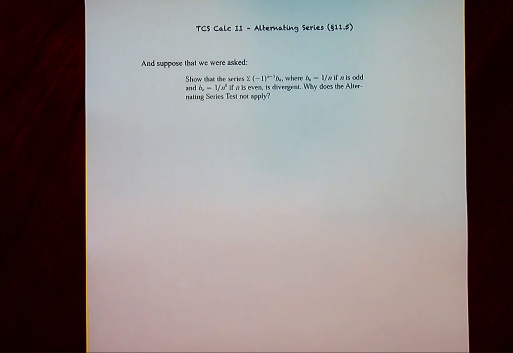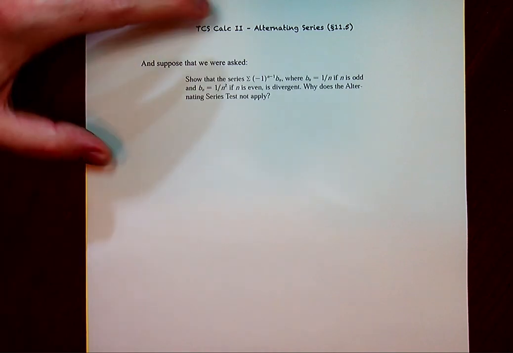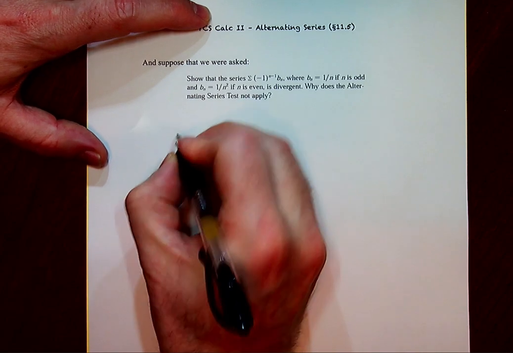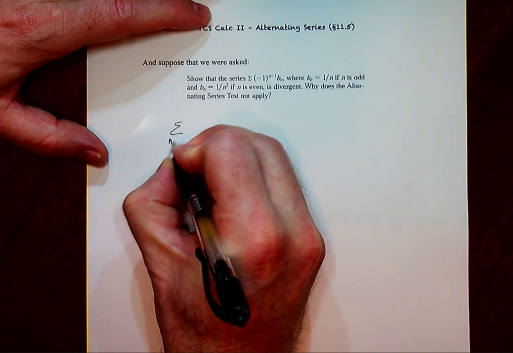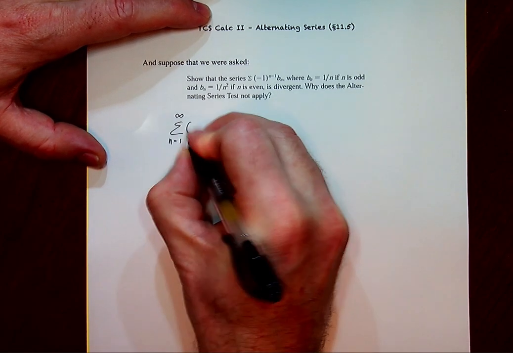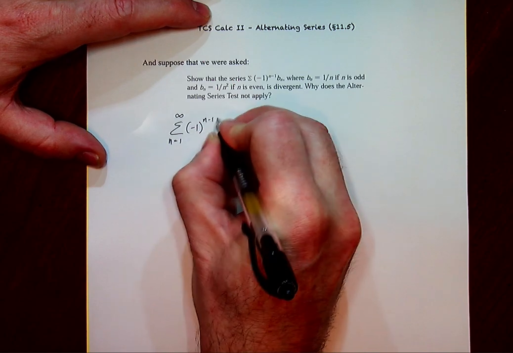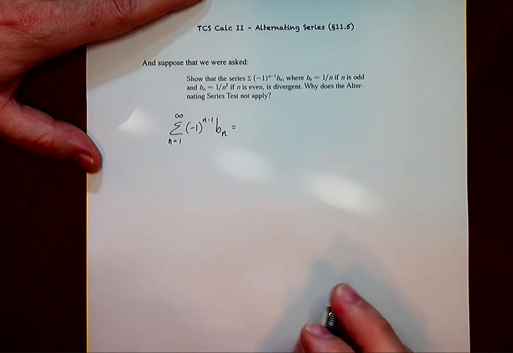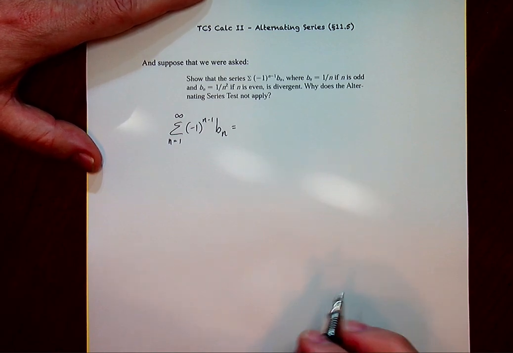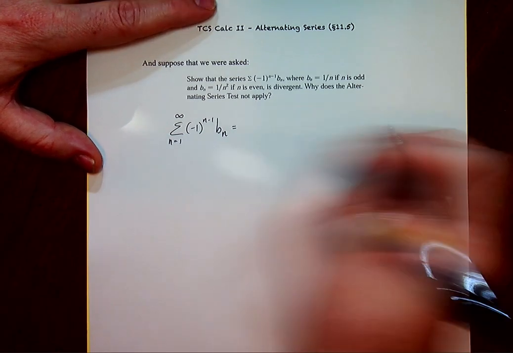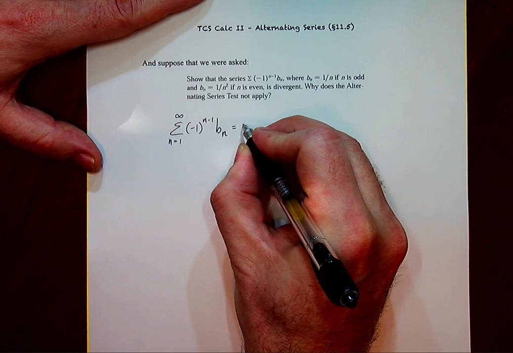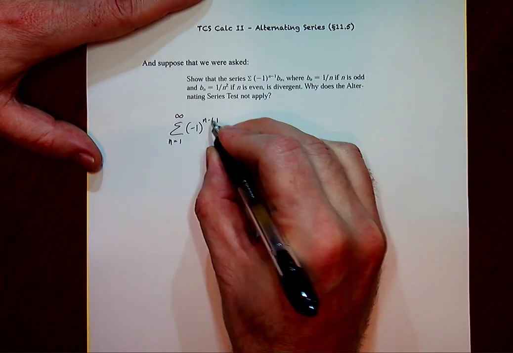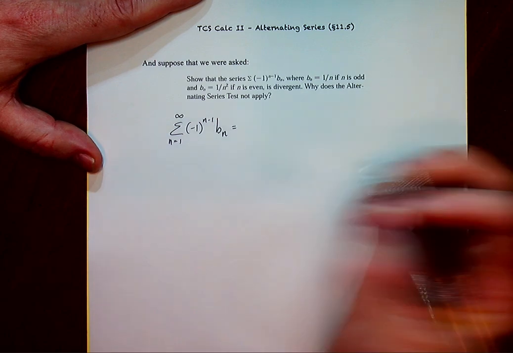Now, why does the alternating series test not apply? So two parts. But let's go ahead first and actually show what this looks like. The sum from n equals 1 to infinity of -1 to the n minus 1 b sub n. For the first term, n is equal to 1, -1 to the 0, so the first term is going to be positive.